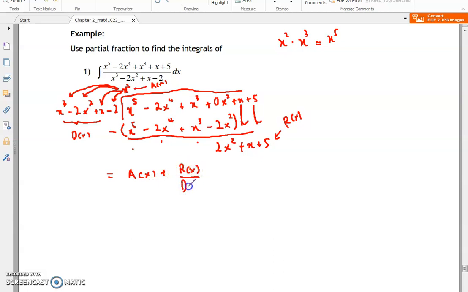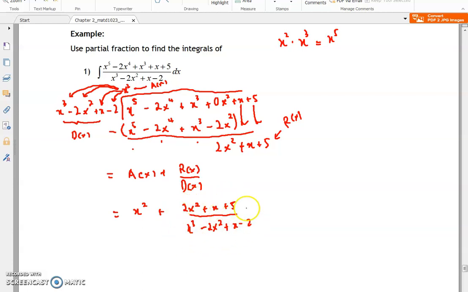This is the format for writing the answer for the long division. So you get x squared plus 2x squared plus x plus 5 over x cubed minus 2x squared plus x minus 2.